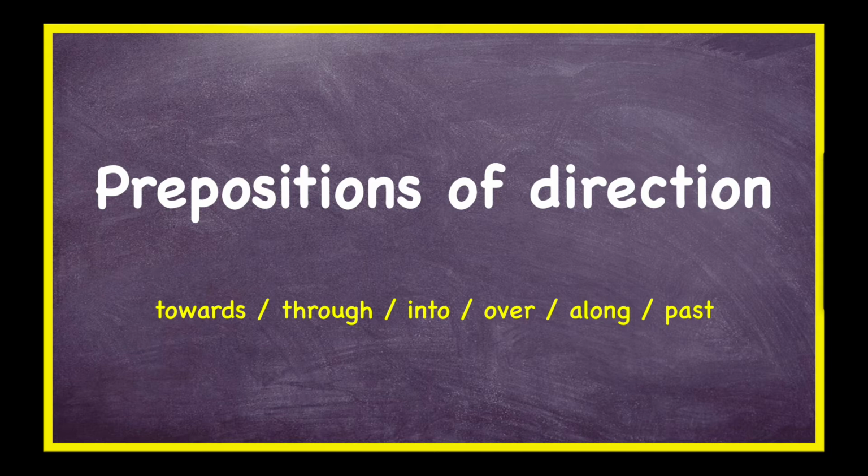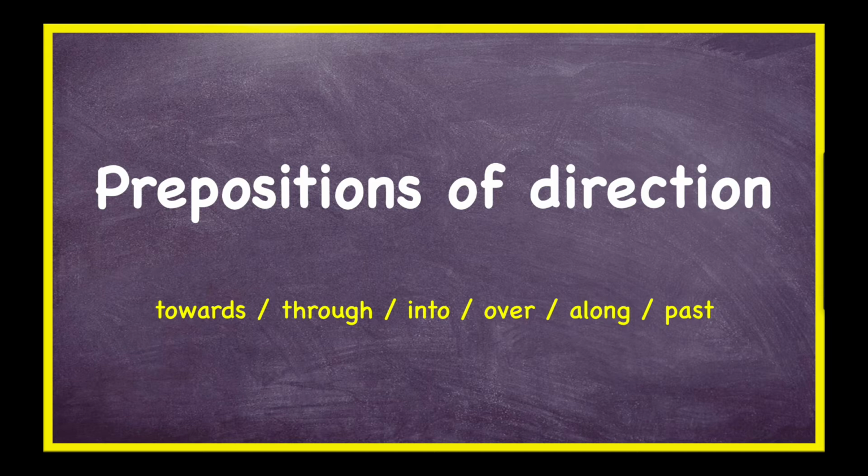And closely related to prepositions of place are prepositions of direction. Now, this indicates where you should go, or which direction you should go in or look in order to find something. So, do you go towards the box? Do you go through the tunnel?